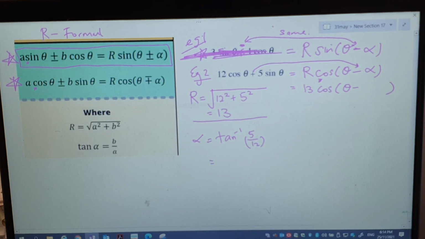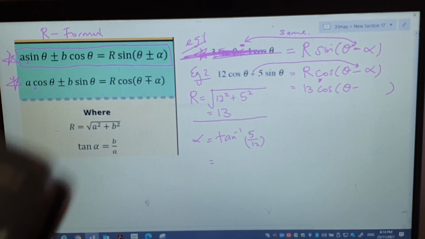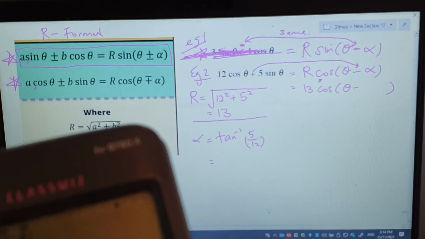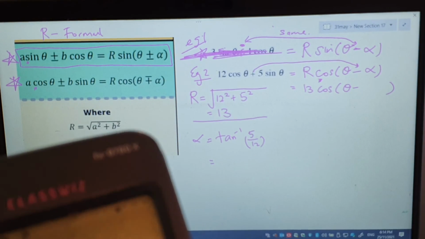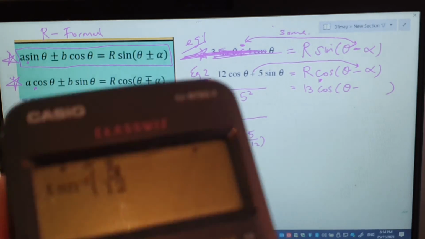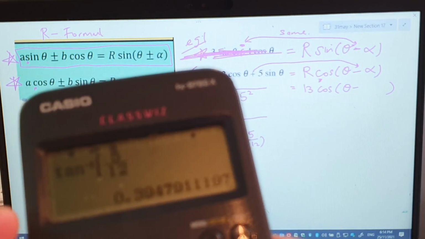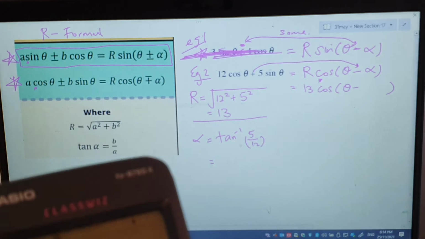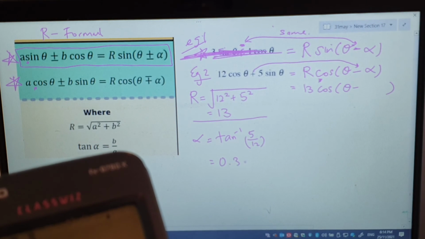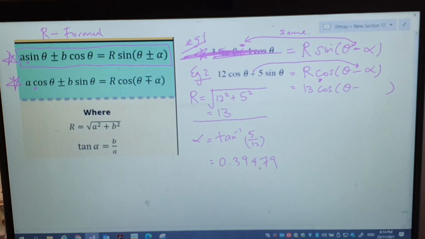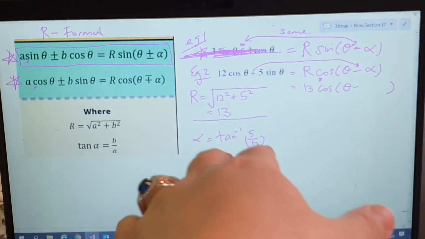Tangent inverse of 5 over 12, then you will get 0.39479. 5SF or 6SF up to you.